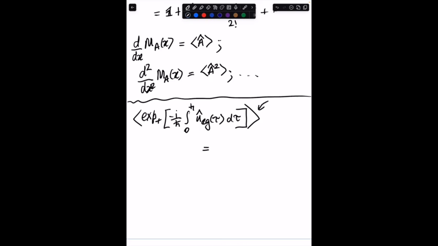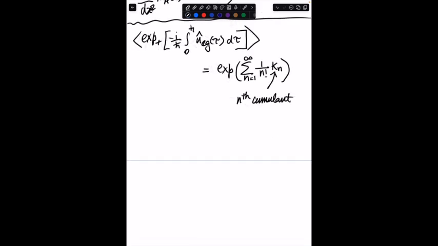I want it to be a linear combination of those. So what I can do is write it as an exponential of the sum over n from 1 to infinity of 1 upon n factorial kn, where kn is the nth cumulant of this time ordered exponential, or this energy gap operator.